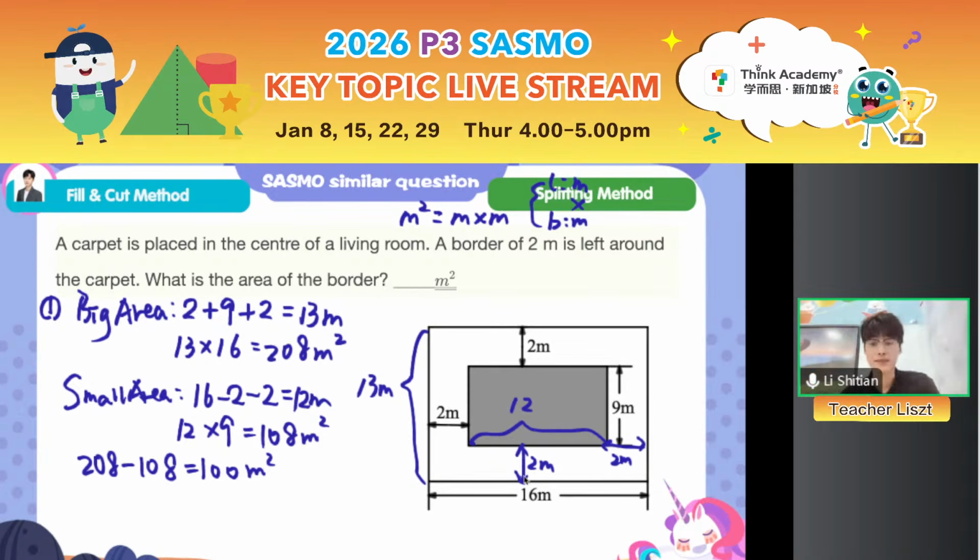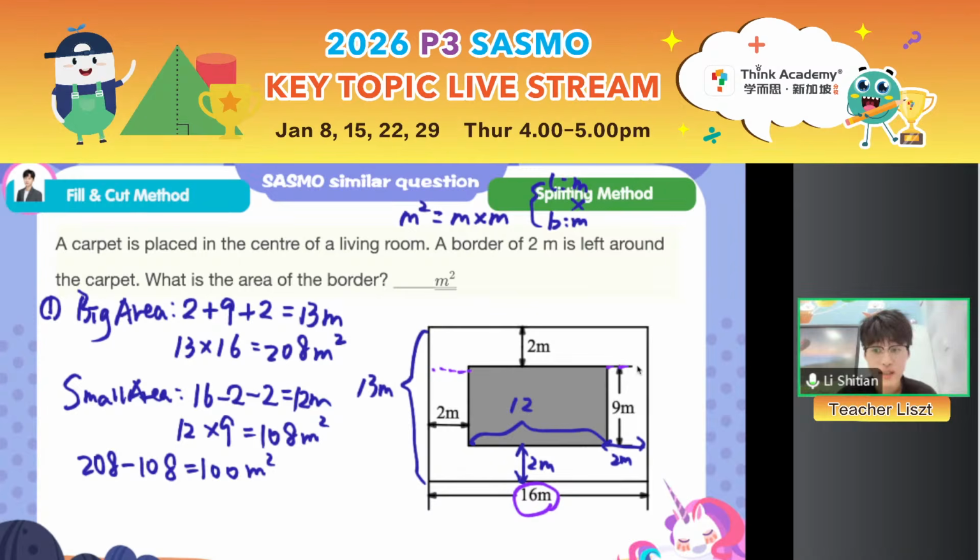First, look at the figure. We know the length, which is 16, right? So I want to use it. I really, really want to use it because this is the thing that we know from the question, right? So how can I cut this border so that I can still use this 16?